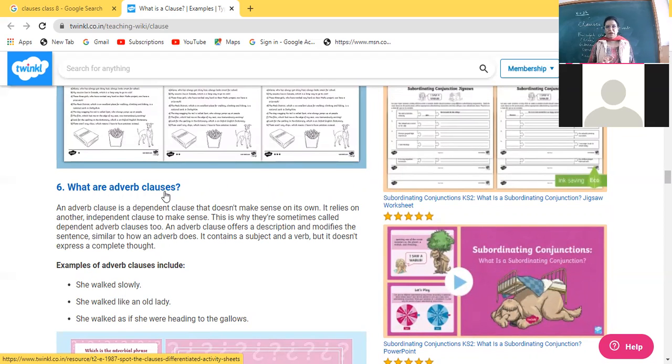They are dependent clauses. An adverb clause offers a description and modifies a sentence, just like an adverb modifies a verb. Similarly, the adverb clause also does that. Of course, it has a subject and a verb, but it is not meaningful in itself.